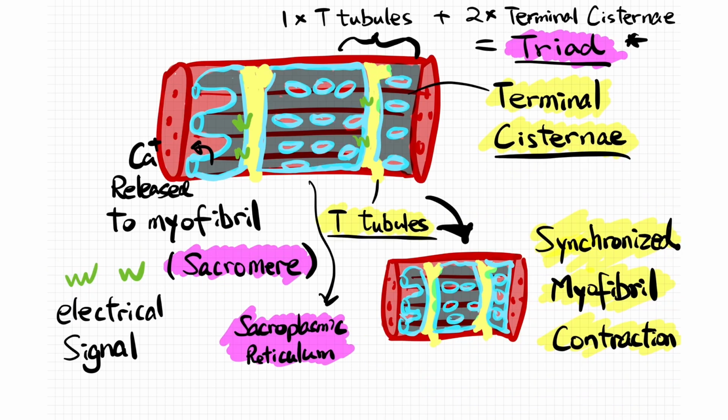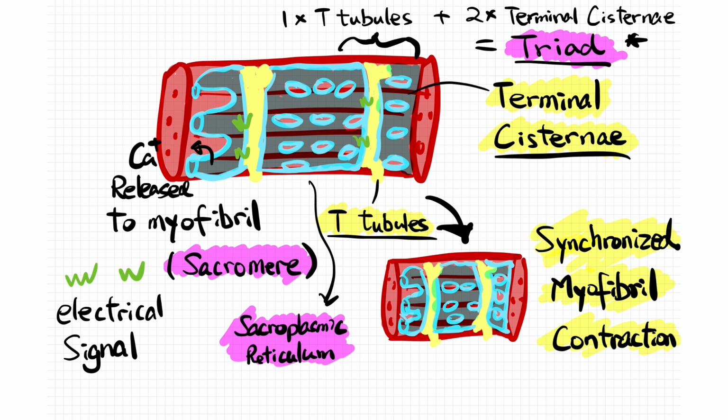During muscle contraction, an action potential travels along the T-tubules and reaches the sarcoplasmic reticulum. This triggers the release of stored calcium ions from the SR lumens into the cytoplasm. The presence of calcium ions in the cytoplasm initiates the interaction between actin and myosin filaments, leading to synchronized myofibril contraction.